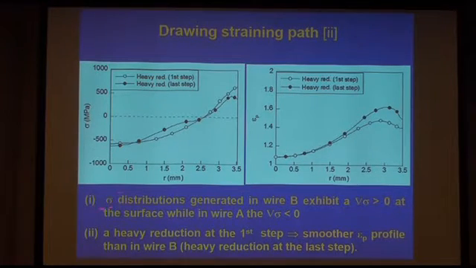Then, the tensile stress distribution generated in wire B exhibits a higher inwards gradient, pumping hydrogen toward the inside part at the surface. While in wire A, the inwards gradient of hydrostatic stress pumping hydrogen is negative. That's good. A heavy reduction at the first step produces a smoother profile of residual plastic strains than in wire B, heavy reduction at the last step.